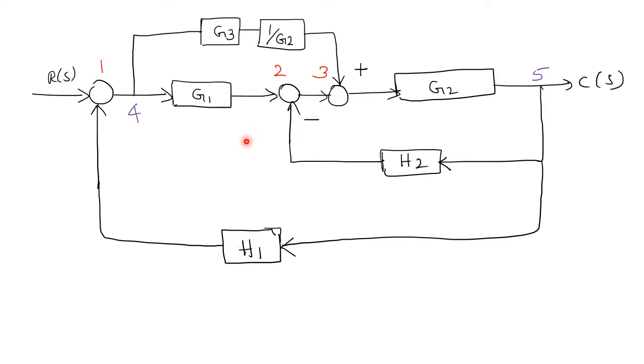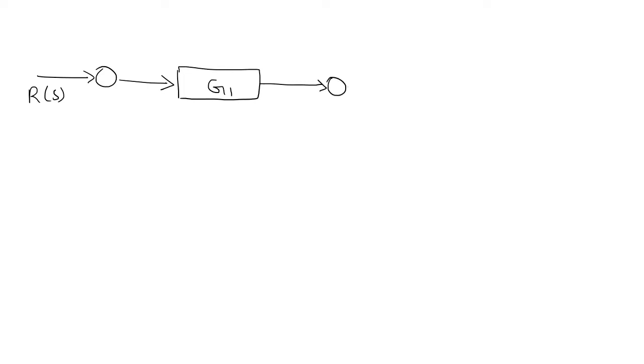So our next step would be: we have R(s) as it is, we have the block G1, and we are going to interchange the summing points. We have a block G2, and the output is C(s).